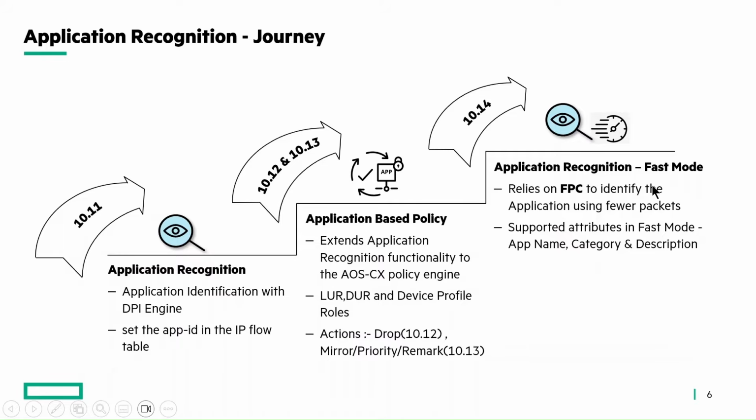So the latest in the line is the support for the application recognition fast mode feature. It uses FPC to identify the application with fewer packets and supports app name, app category and then description for an application flow.